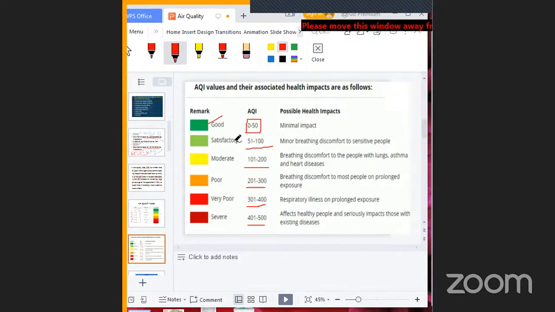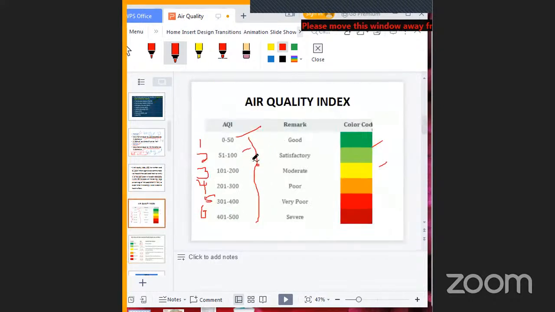When it is between 51 to 100, it is indicated by the light green color and considered satisfactory air. And when it is between 101 to 200, it is indicated by the yellow color and considered moderate air. That is for a select group of people who have asthma.